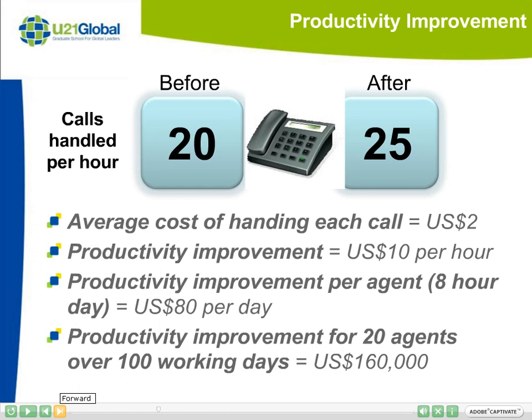If you assume that every agent has an 8-hour day, that equates to a productivity improvement of $80 US per day. Now you multiply that by the number of agents and also the duration that they work, and let's assume here it's roughly 100 days. That's a total productivity improvement, roughly the equivalent of 160,000 US dollars.